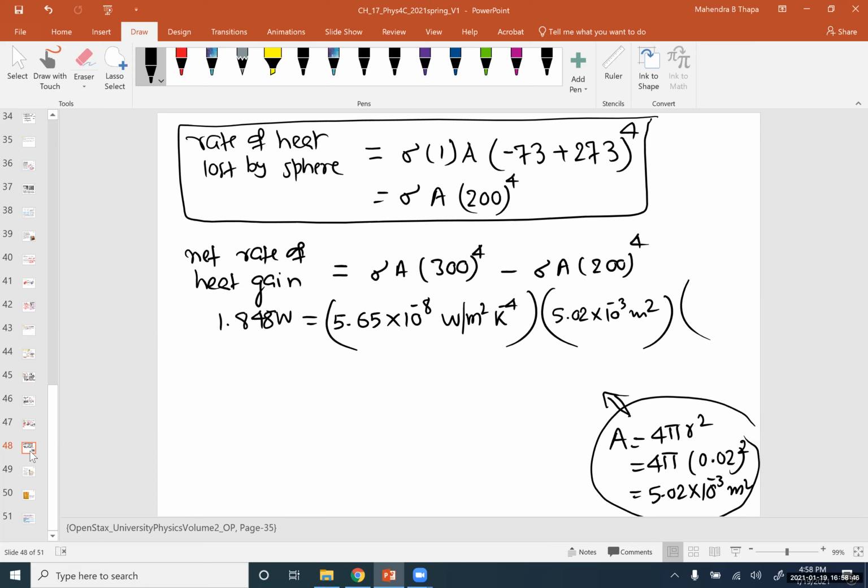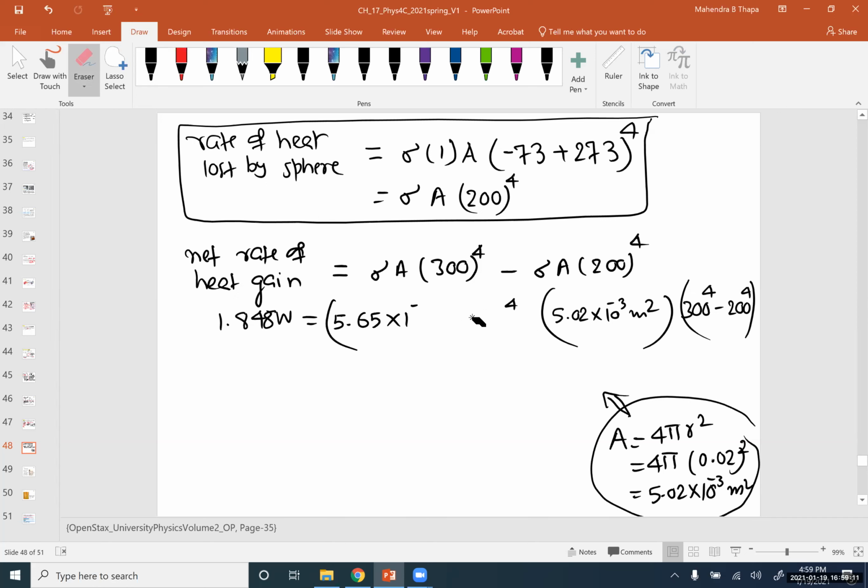So this is 300 power 4 minus 200 power 4. Once you plug this value, you can find the value of sigma, but in this case sigma is not given, so you can remove this.